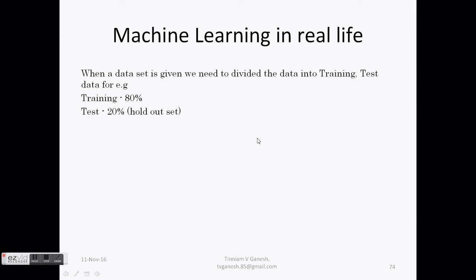And this is known as cross validation, and it's typically used. In fact, they go one step further, and they split it into 60% training data, 20% cross validation data, and the final 20% as test data.